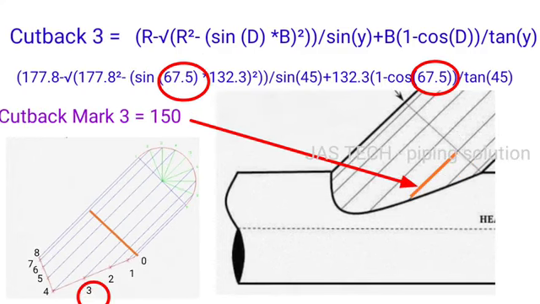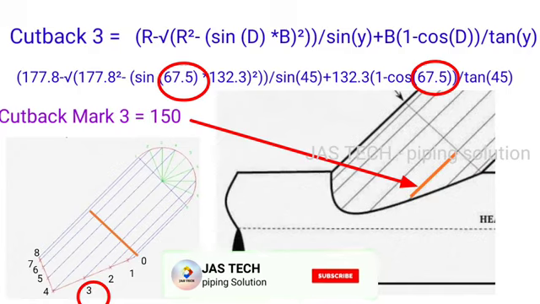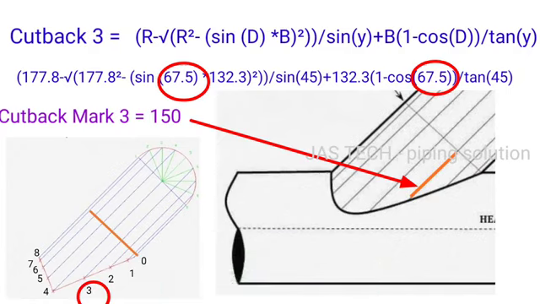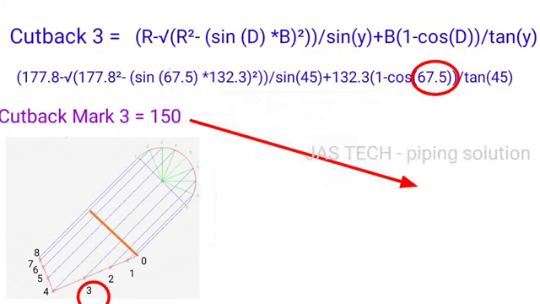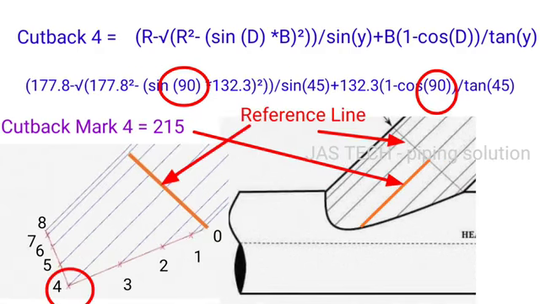Now cutback mark 3, same way, only D changes, now 67.5. So the answer is 150 mm. Now cutback mark 4, same formula, only D changes. D equals 90. So the answer is 215 mm.